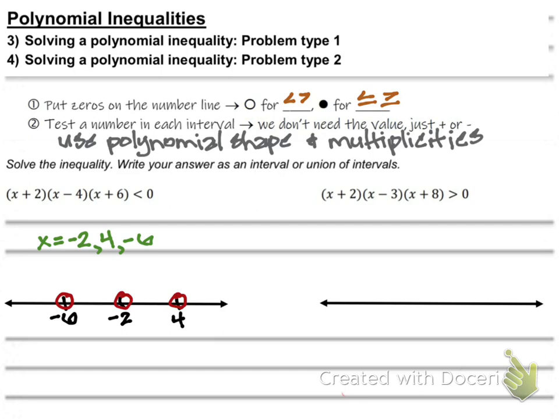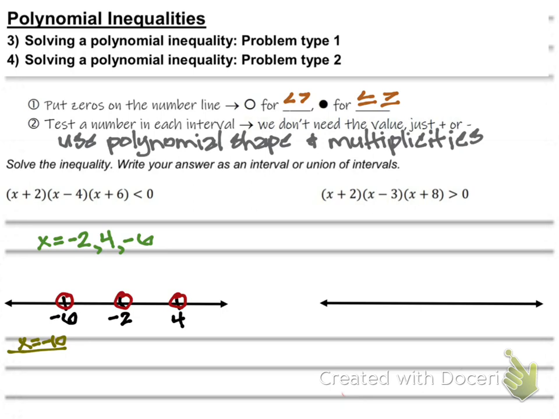So I'm going to start looking at the left of negative 6. Something less than negative 6, I'm going to say, what if x is negative 10? I could have picked negative 1,000,000. It doesn't matter, okay? So now I'm going to plug that negative 10 in for x for each of those factors, but I only want the sign of the answer. Is it positive or negative? Because in the end, I'm not interested right now in the actual value at negative 10.